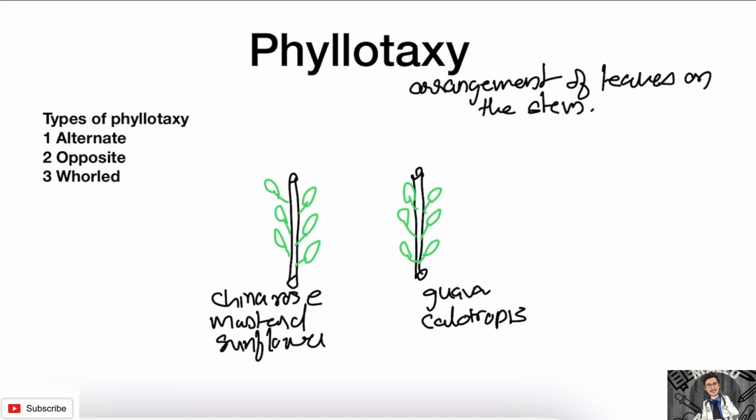Now let us understand what a whorled type of phyllotaxy is. Here multiple leaves arise from a single node. So this type of phyllotaxy is known as whorled type. You just need to learn one example, which is Alstonia. So that completes the classification based on phyllotaxy.